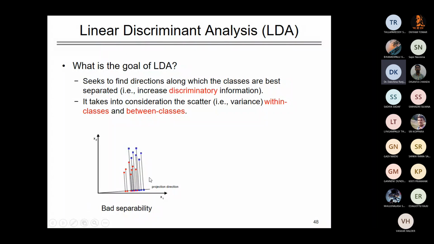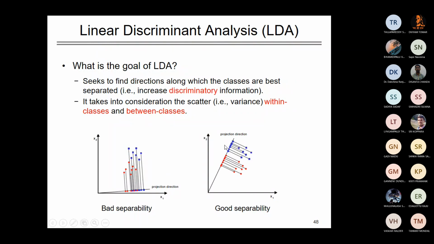If we consider a line over which we project the data points, and then take the ratio between the deviation of means and the summation of the scatter, we will get bad separability. In this first case, where we get bad separability, we are not considering the two aspects: within class separability and between class separability.